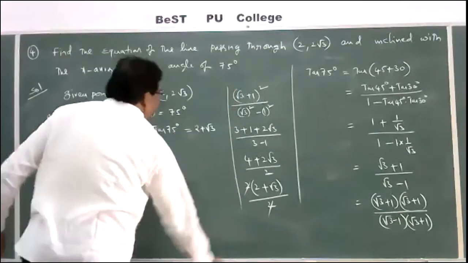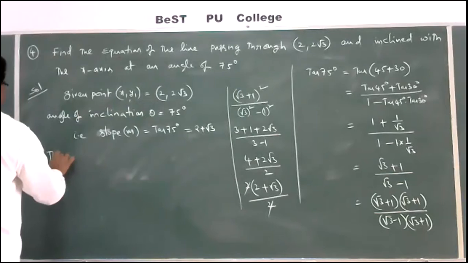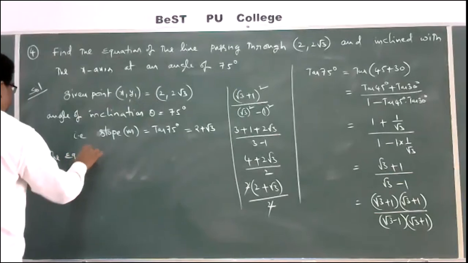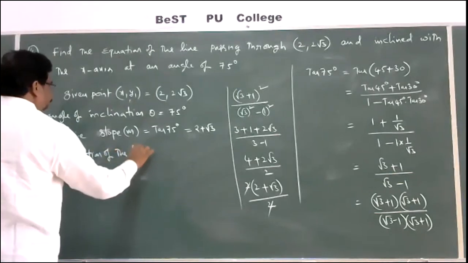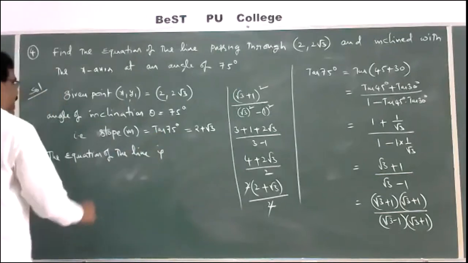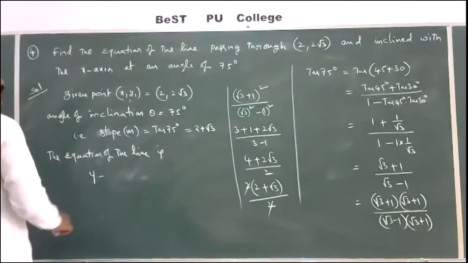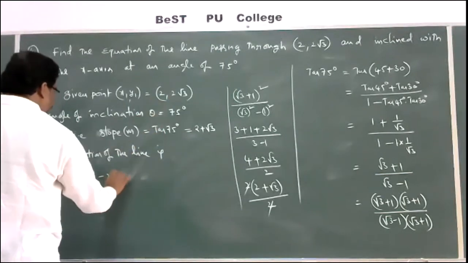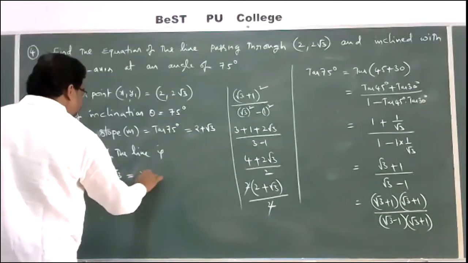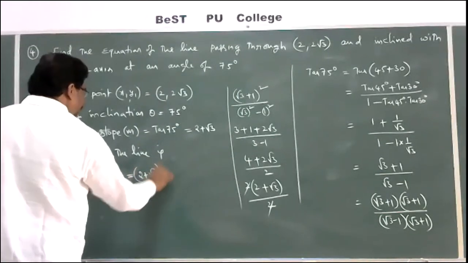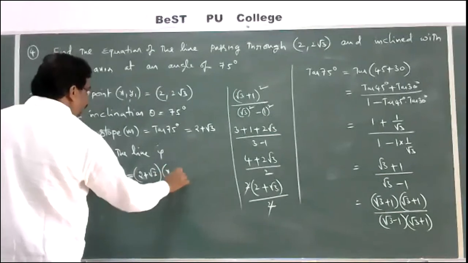Then the equation of the line is y minus y1, y1 is 2 root 3, is equal to m, which is 2 plus root 3, into x minus x1, x1 is 2.